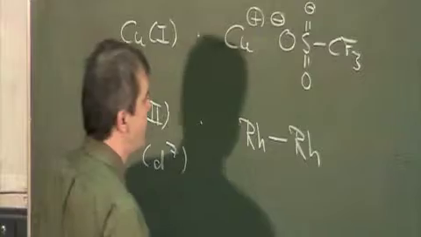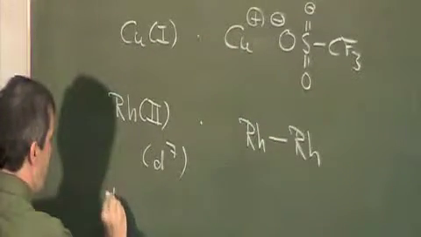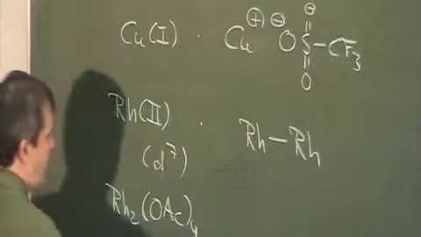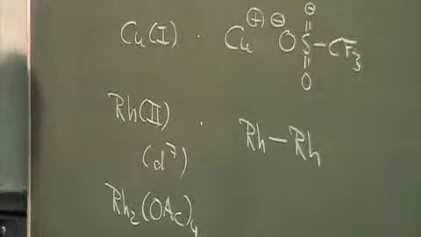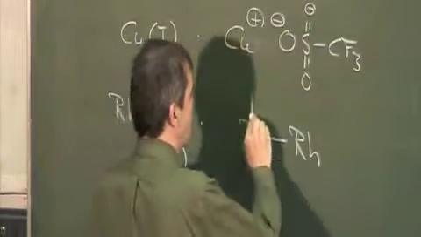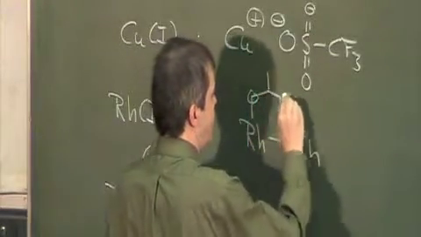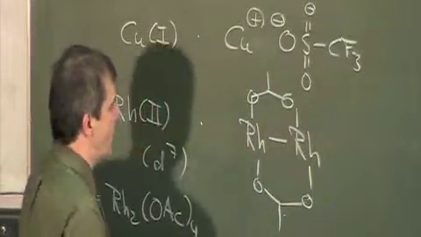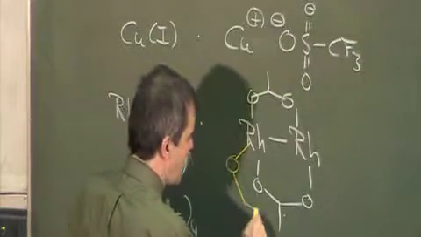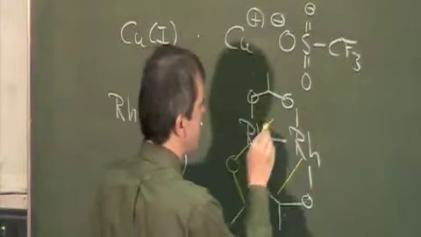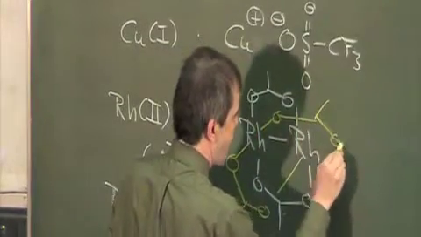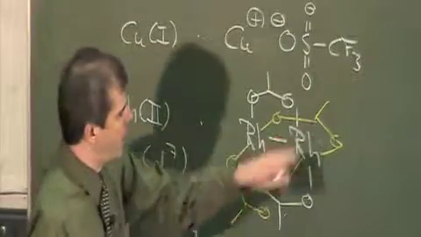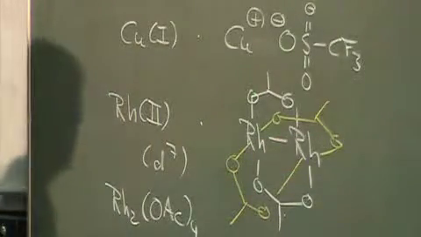And so the one very well-known rhodium 2 complex is the dirhodium tetraacetate, which has a structure where the acetate groups are bridging the two rhodium metals.